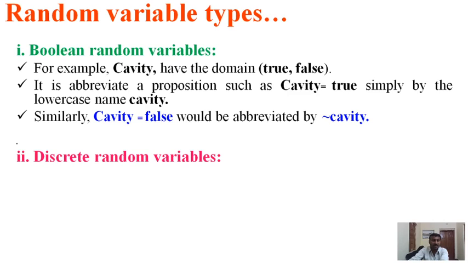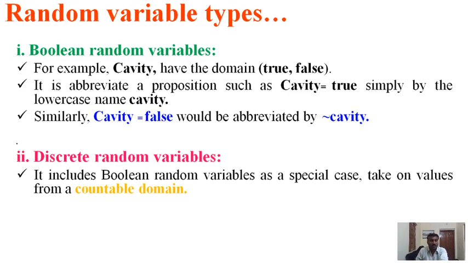Then the second type is discrete random variables. Discrete means one may not have a relationship with another. It includes Boolean random variables as a special case, and takes on values from countable domains.